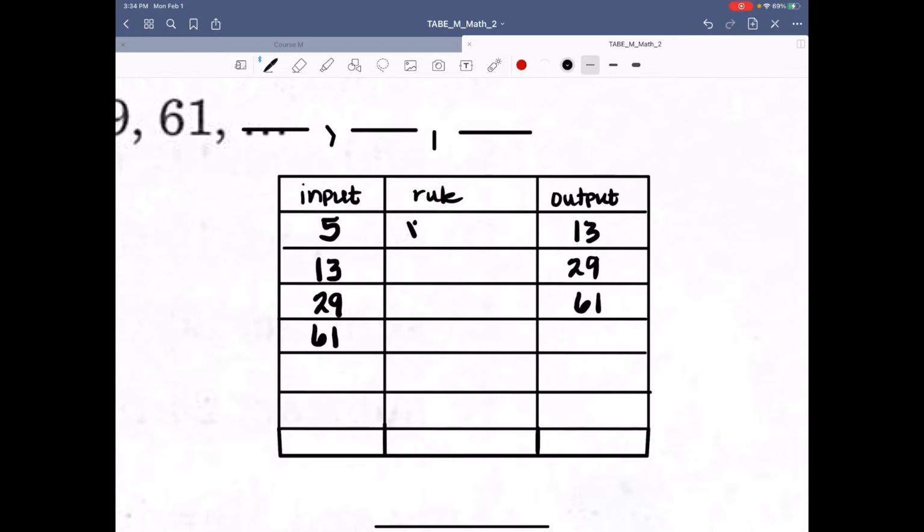It is multiply by 2 and then add 3. 5 times 2 is 10, plus 3 is 13. 13 times 2 is 26, plus 3 is 29. 29 times 2 is 58, plus 3 is 61. 61 times 2 is 122, plus 3, and I'm going to go ahead to my calculator.